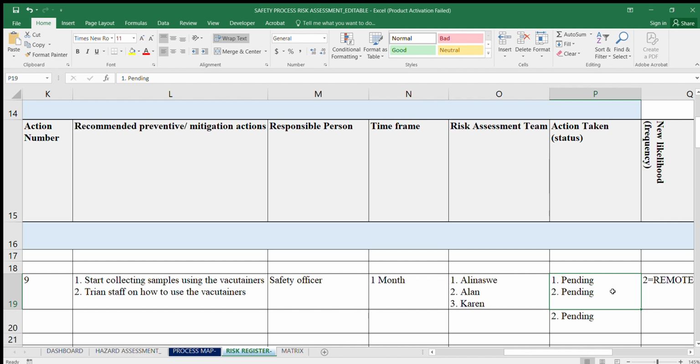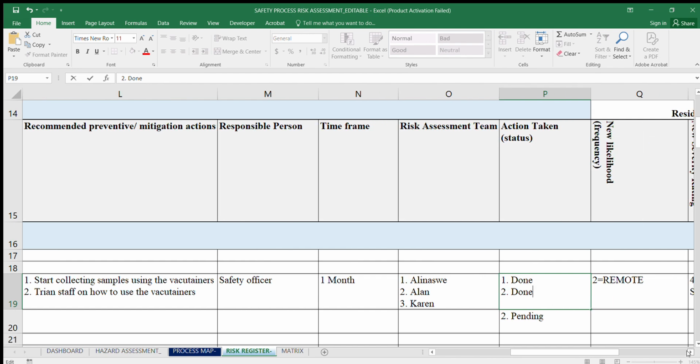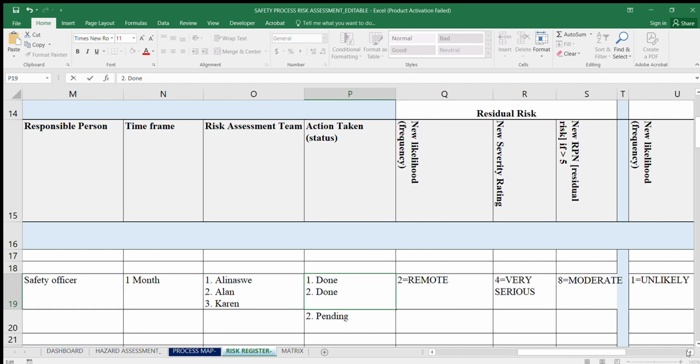After a month, you need to come back and check, have you implemented these 2? If you've implemented both, this status changes to either implemented, or you can say done, which means you've implemented both of these measures. At this point, you've done your implementation. You've also checked the implementation.